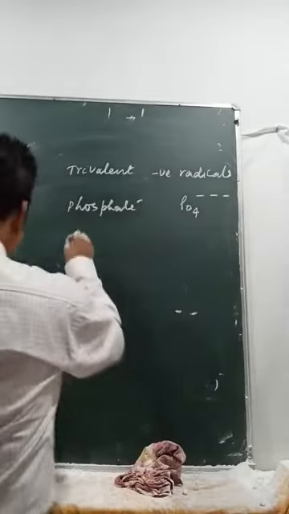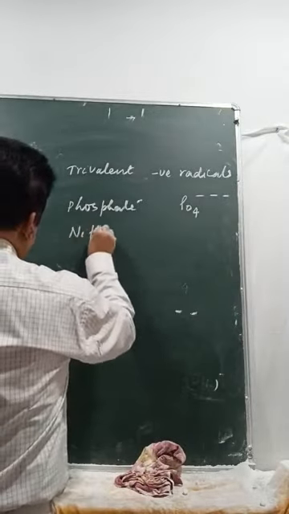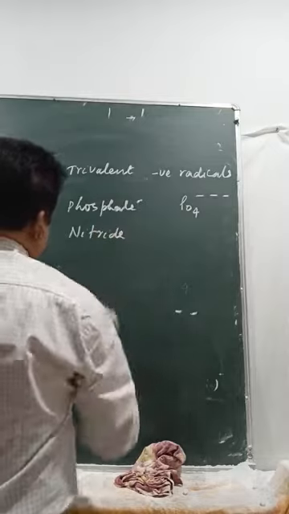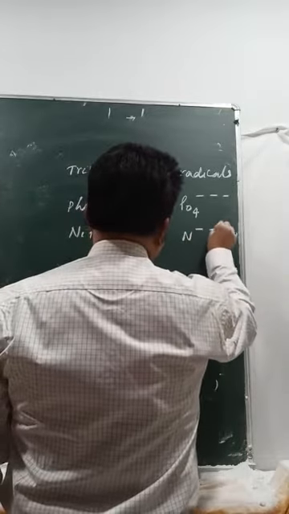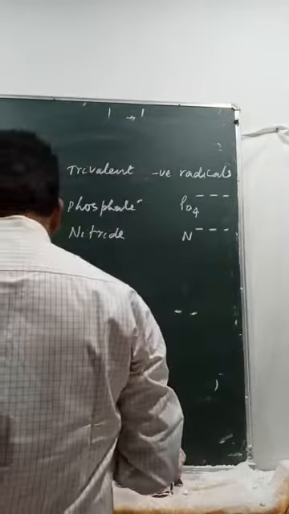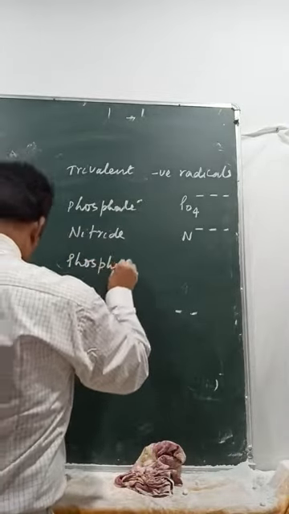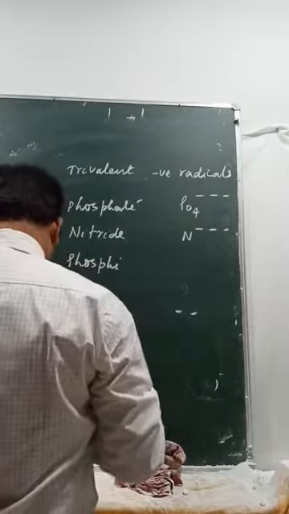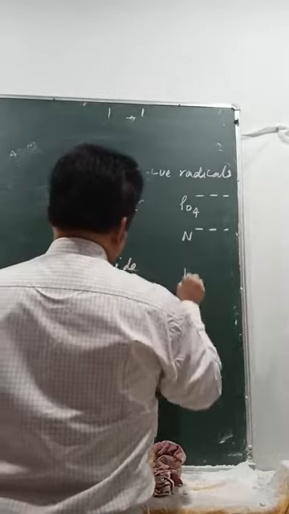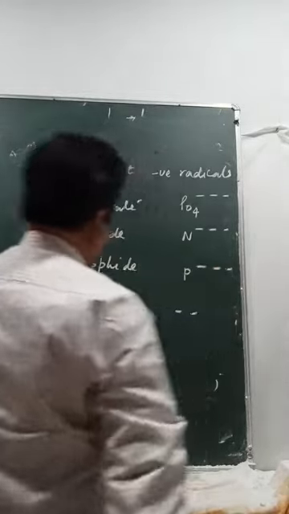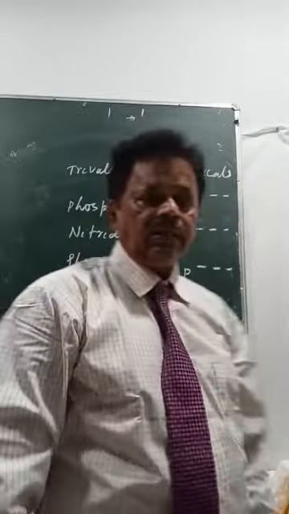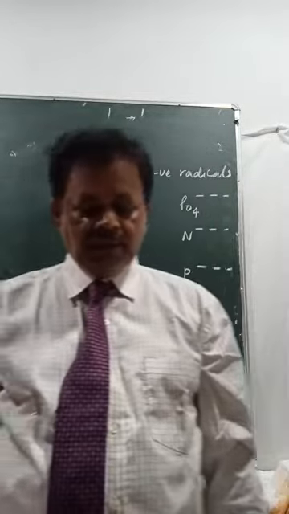Nitride, it will receive 3. Phosphide, P, it will receive 3. Okay, this is the table which I gave you. You have to remember it, you have to learn it by heart.